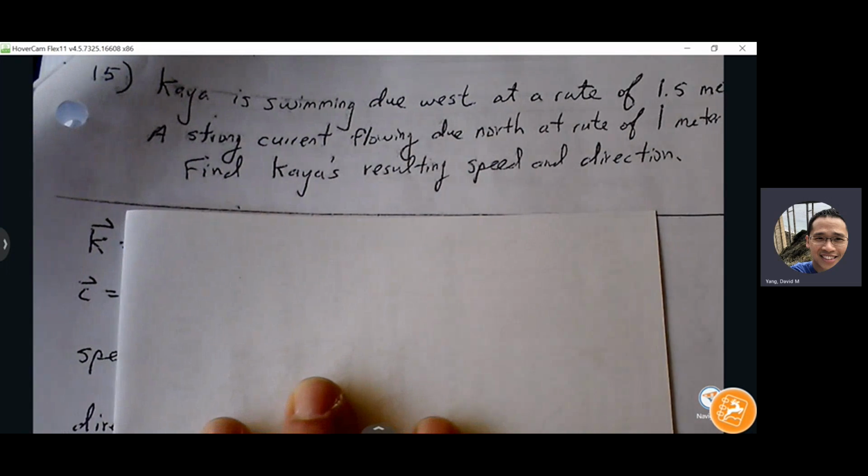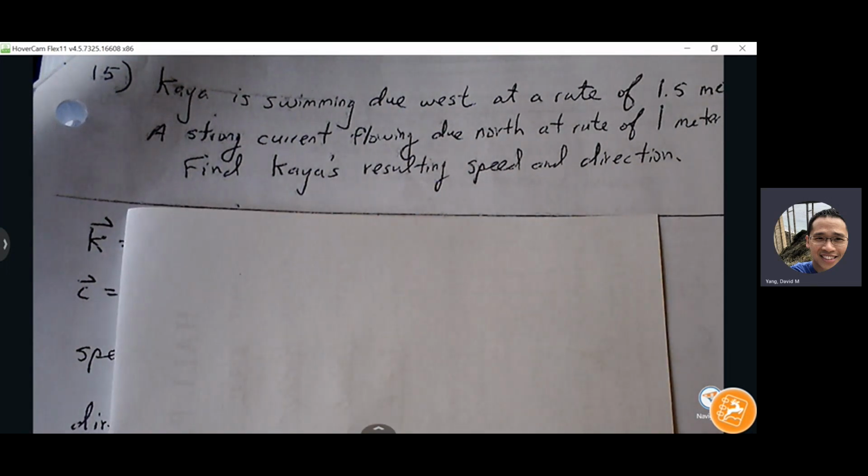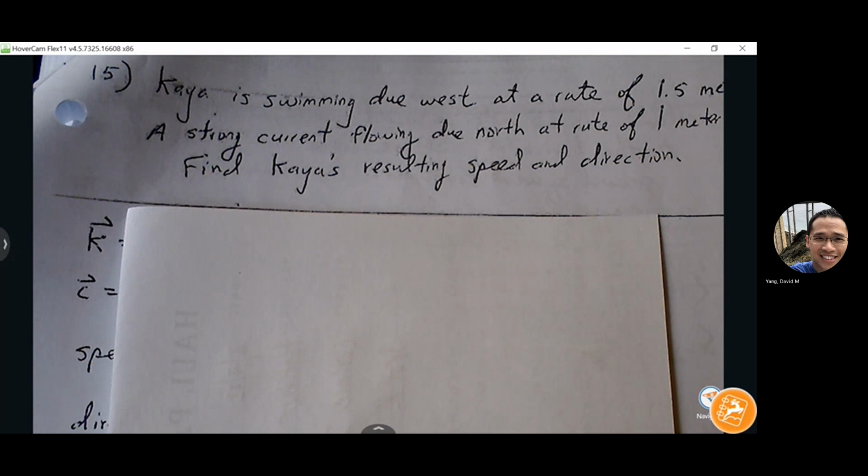So you can create two vectors, right? K for Kaya and C for current. So what component form can we create for our swimming? He's swimming due west at a rate of 1.5 meters.